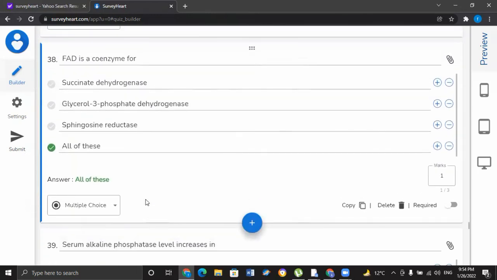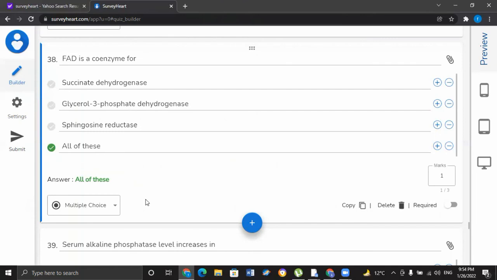हाँ जी. Flavin adenine dinucleotide is used as a coenzyme, कौन से reaction के अंदर use होता है? Succinate dehydrogenase is an enzyme involved in the conversion of succinic acid into fumaric acid, involving the conversion of FAD to FADH2.